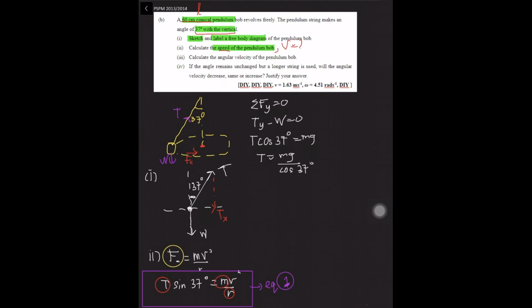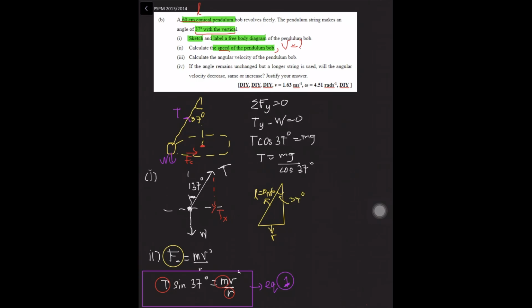So we have to find r. r can be found from the triangle here. This one represents the length, which is equal to 0.6 meter, and here is our r, and this is 37 degrees.